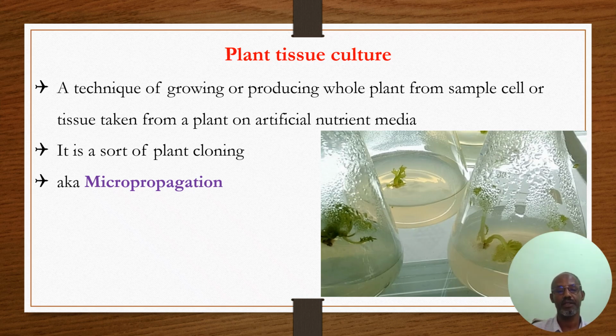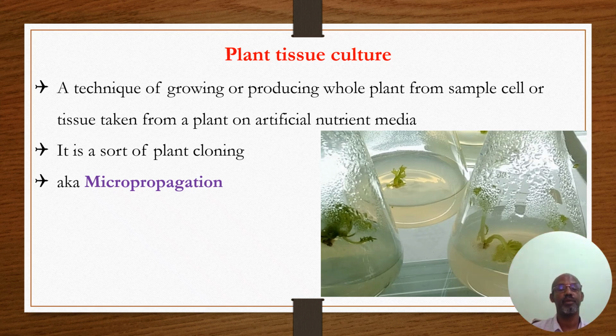Just take one single cell from any part of the plant. It could be the stem, the leaf, the flower, the root. It grows into tissue, then the tissues grow, then give rise to the whole plant. This is one unique ability of plants.